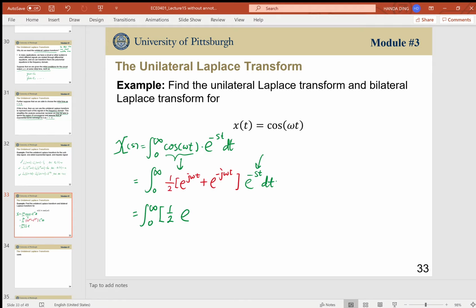Let's expand this. It's minus j omega t. And all you have is e to the s to j omega.